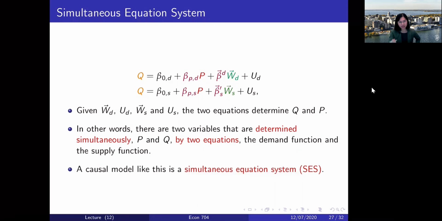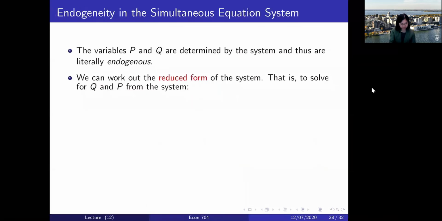So this is an example of a simultaneous equation system, or SES. This is a bit different from all the causal models that we have talked about, because now we have two causal equations instead of one. But we're going to see that we can treat them separately.